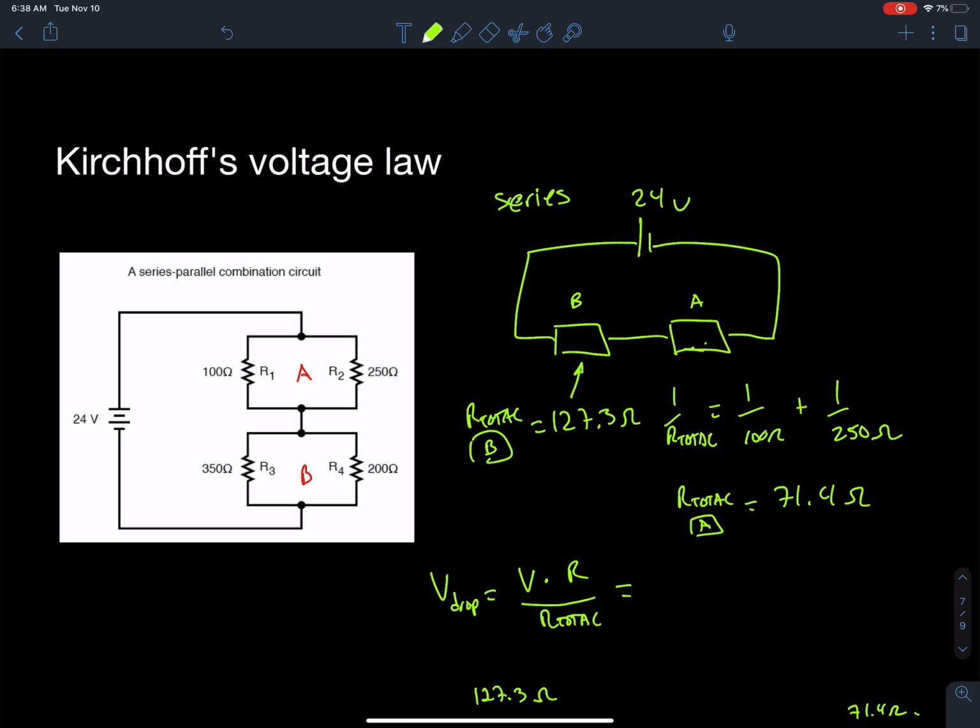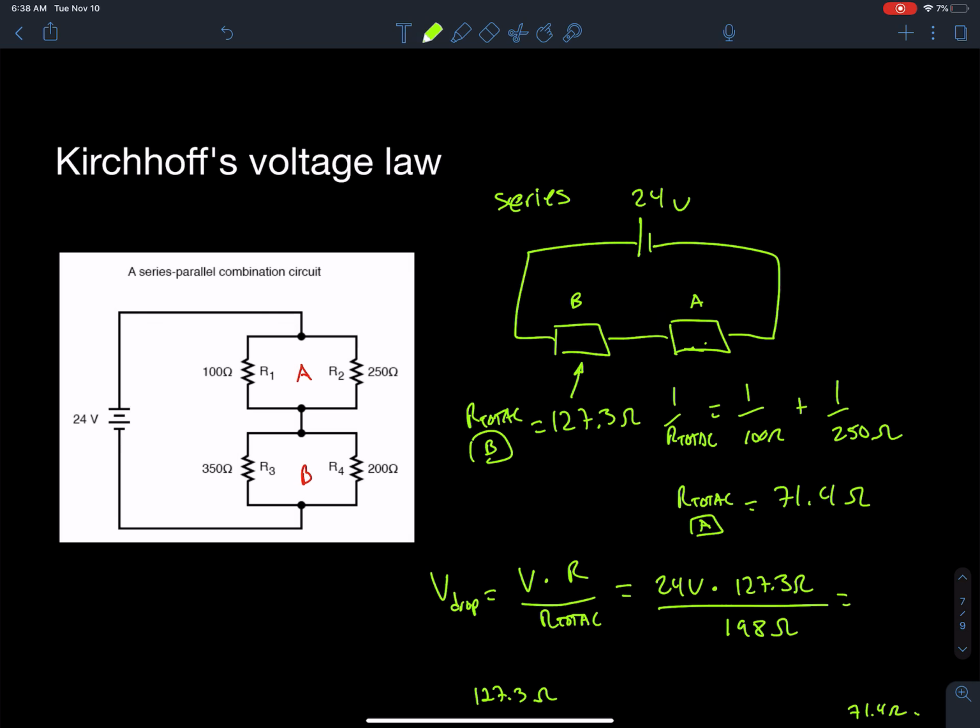Then that voltage drop is going to be equal to 24 volts times 127.3 ohms divided by around 198 ohms. A little bit more than that, but in order for us to do that, let's do that in our calculator right now.